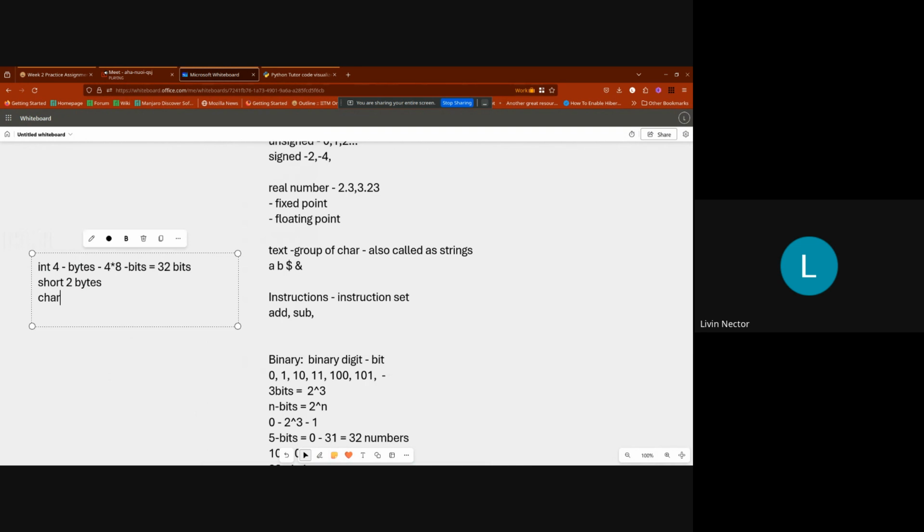And char will use 1 byte, which is 8 bits. And long int will be 8 bytes. This is normal C.